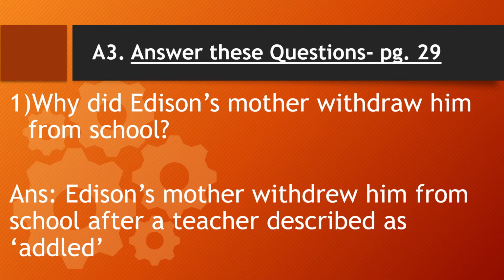Addled was confused and not able to think clearly. So the answer means that Edison's mother had taken him away from school after a teacher had said that he was very confused and he was not able to think clearly. His mother did not like this and she decided to educate him at home because she herself was a teacher. So go ahead and write question number 1, leave a line and write the answer in your notebook.